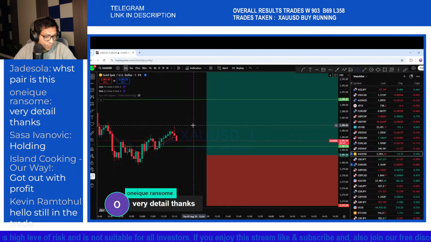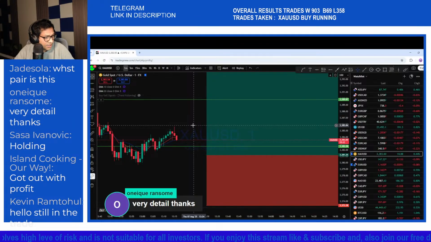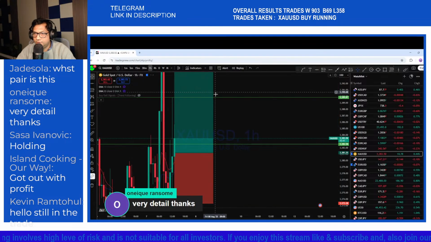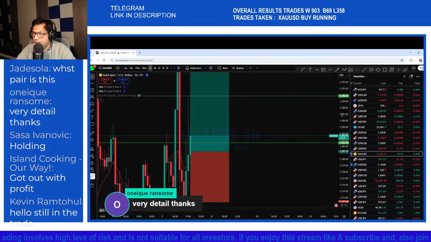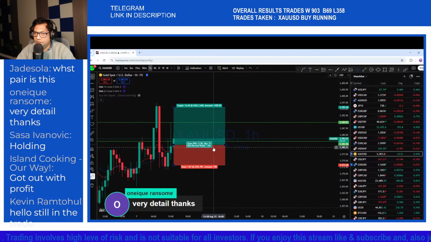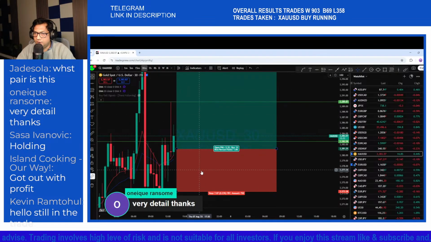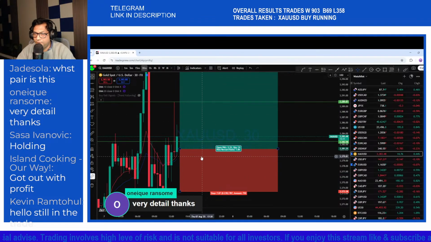And now it's on a pullback. So you can see that the market is in this deeper pullback. And in this pullback that we can see, the price may revert further back below.